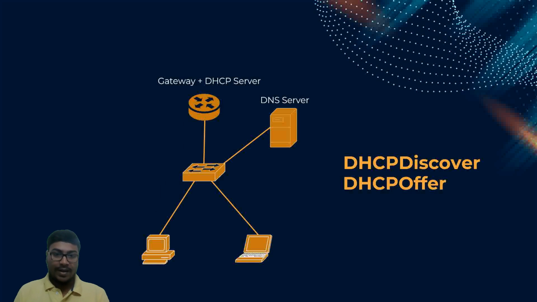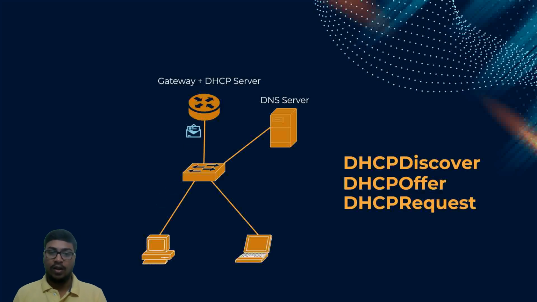The source address of the offer packet will contain the IP address of the DHCP server, and since now the client has the IP, it will generate a request packet, and this request packet will be directly sent to the DHCP server requesting for an IP to be allocated. And then finally the server sends back an ACK or an acknowledgement packet which contains the configuration details, the four details like we just discussed, and these are sent back to the client machine.